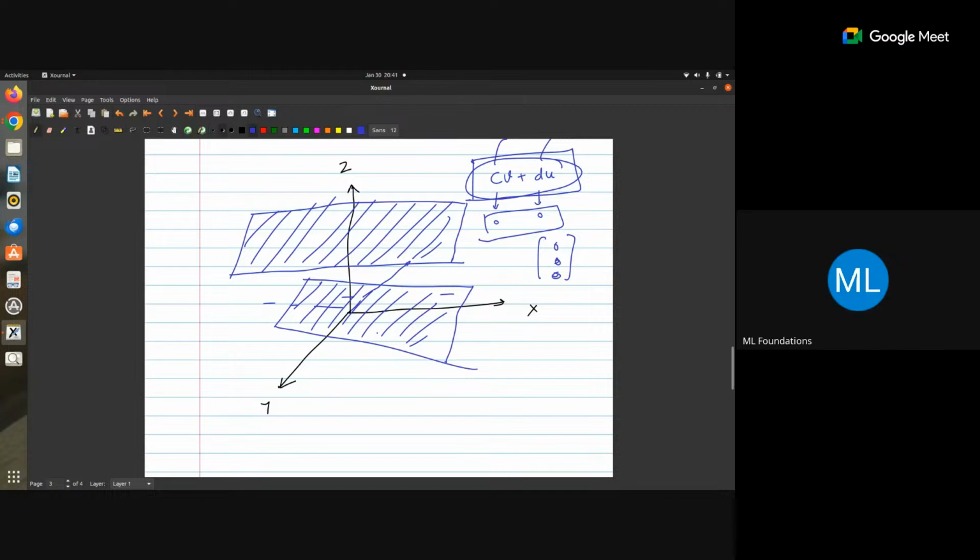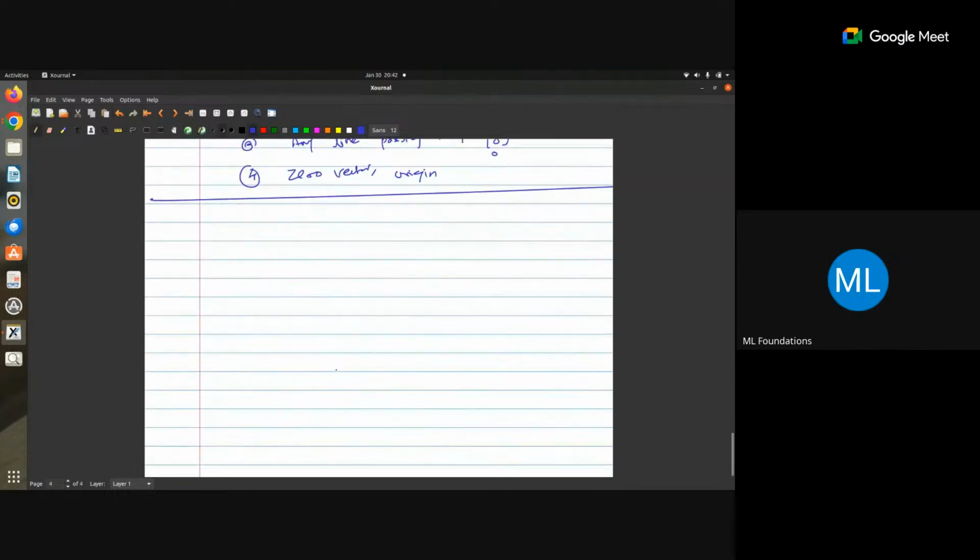Okay. So shall we move to the next thing? What is a matrix then? What do you think? What is a matrix? Collection of numbers in rows and columns. Can you think about it as some vectors? Yeah, that is correct.